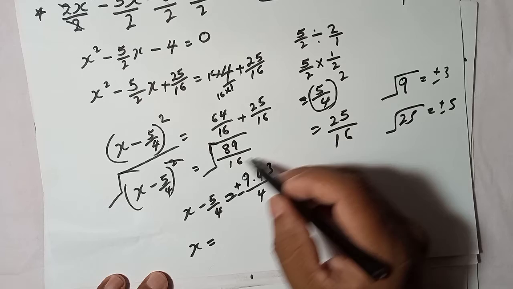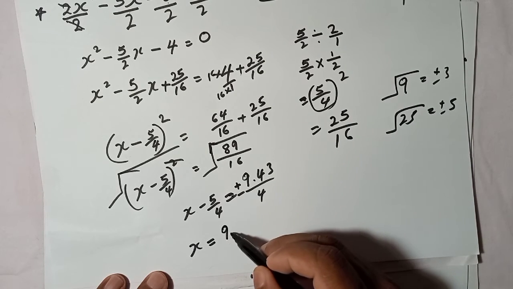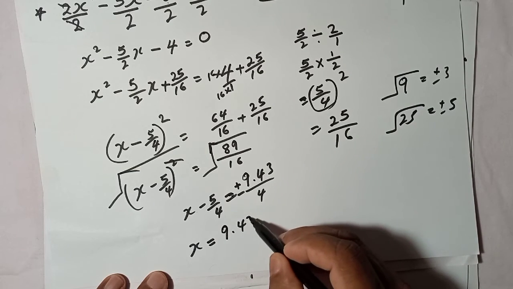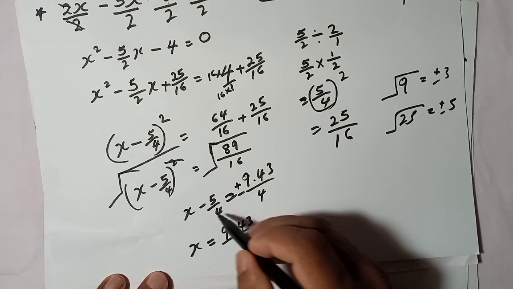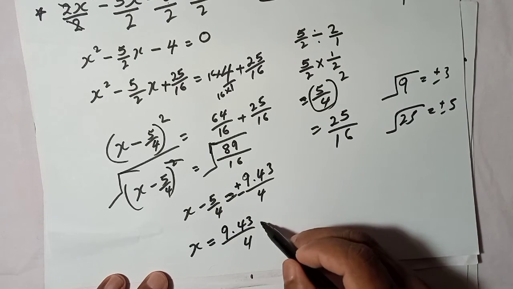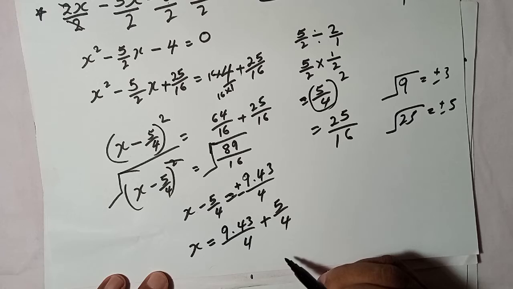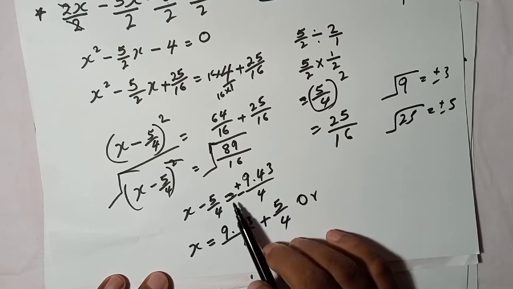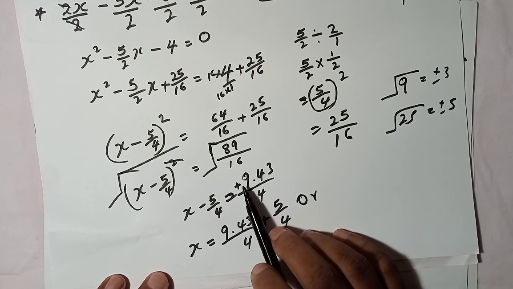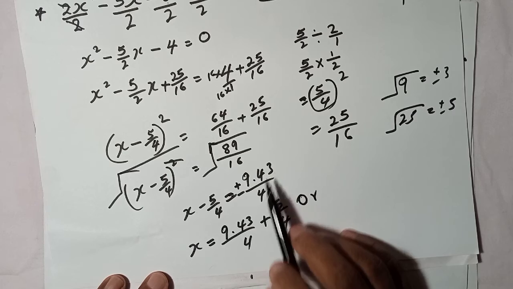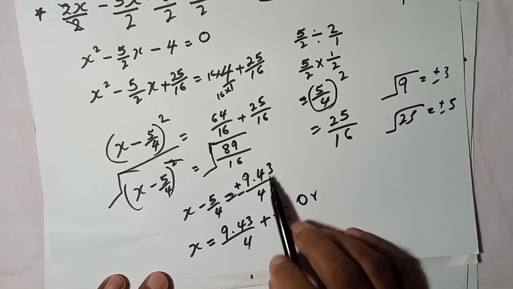and I will write one value of this. Here I will write 9.43 over 4, and I will bring this number to this side, it will become plus 5 over 4, right? That is one value. Now look very carefully, I have two values: plus 9.43 over 4 or minus 9.43 over 4.